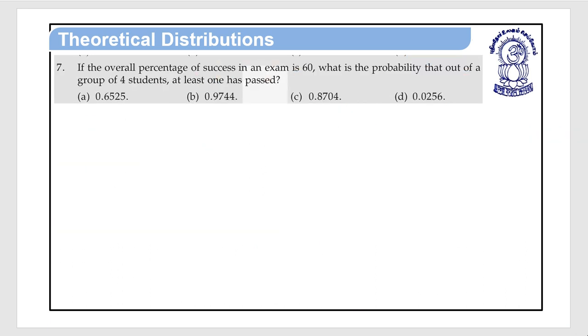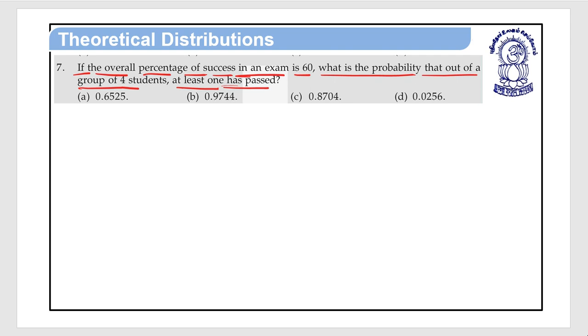Next question, question number 7. If the overall percentage of success in an exam is 60, what is the probability that out of a group of 4 students, at least one has passed?